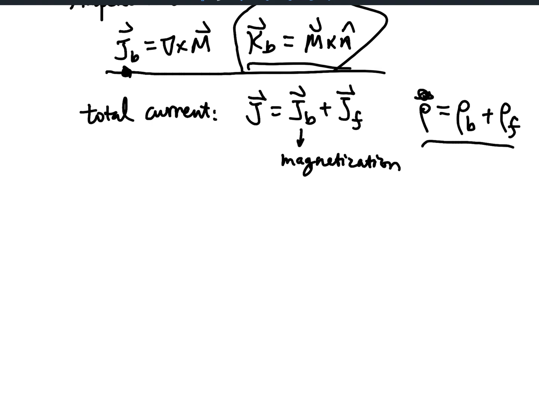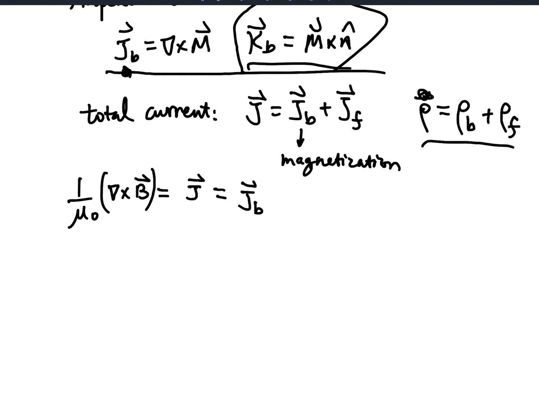Now remember that Ampere's law is del cross B equals mu 0 J, so divided by mu 0, this is what we have for Ampere's law.